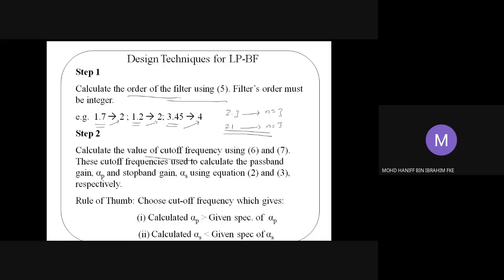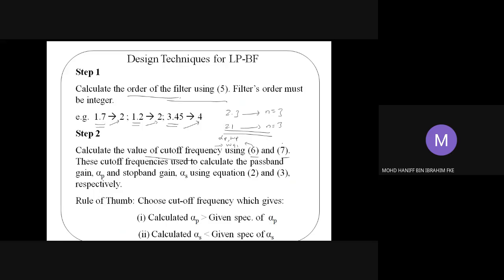As we have learned in the previous slide, we have 2 equations, 6 and 7, to calculate the cutoff frequencies. Equation 6 is based on the passband information, which are alpha p and omega p. We are going to have the first cutoff, let's say I write this as omega c1.